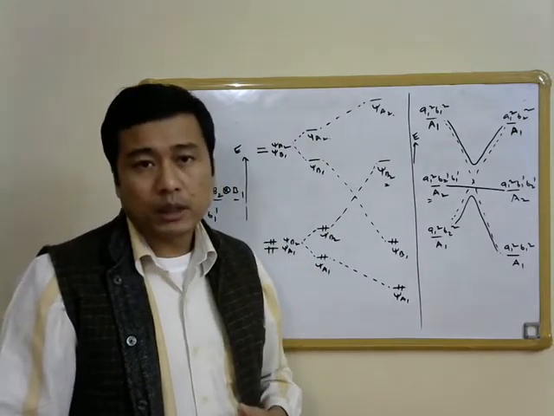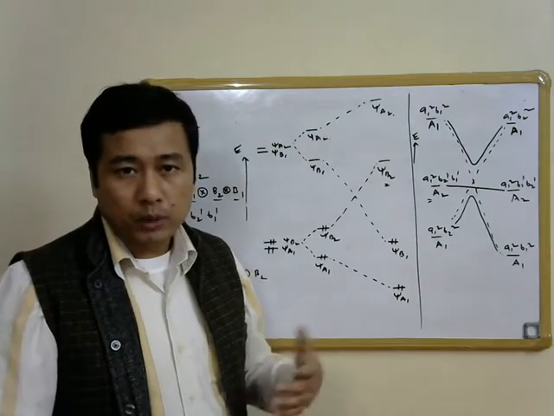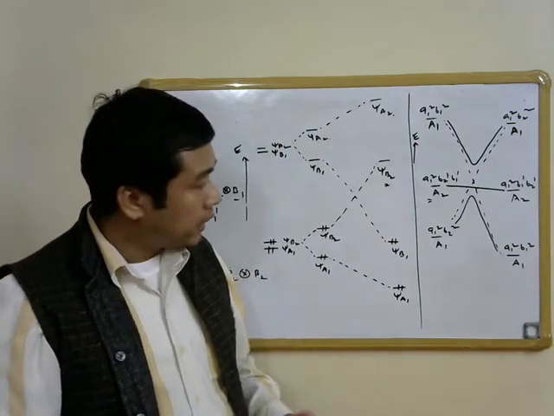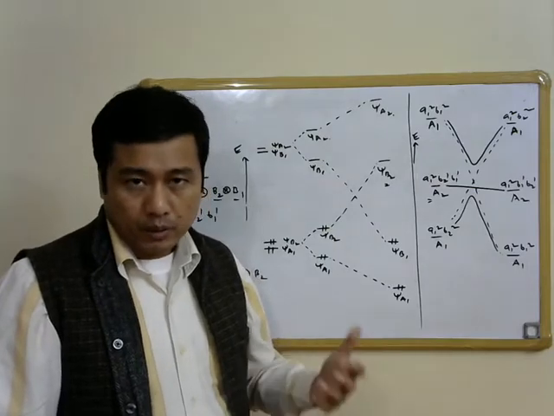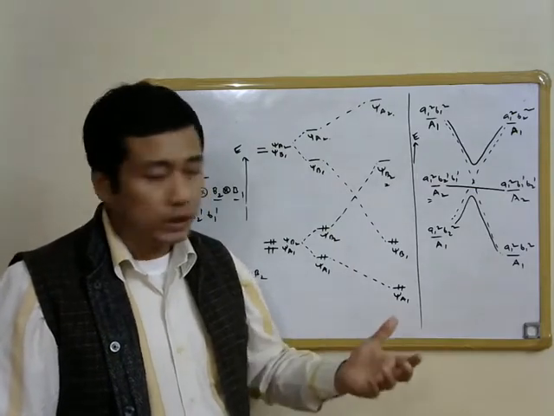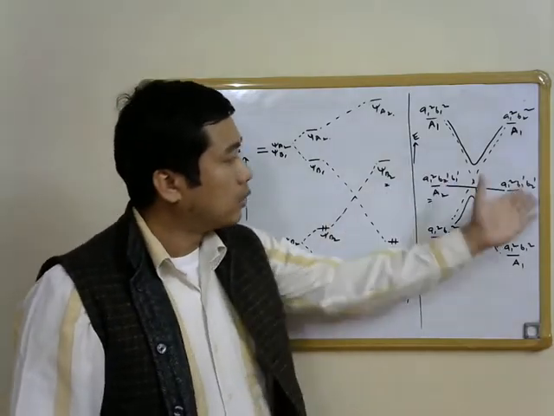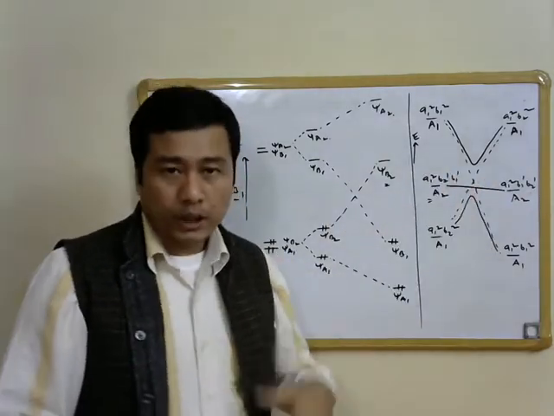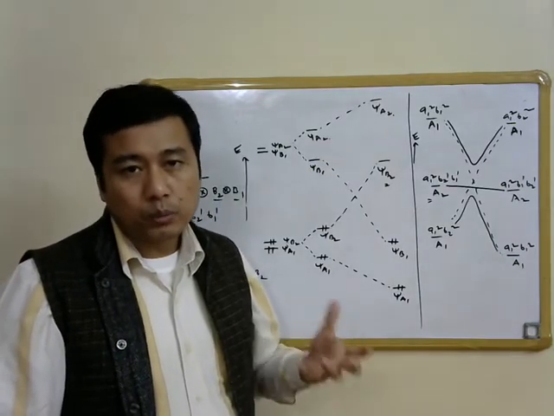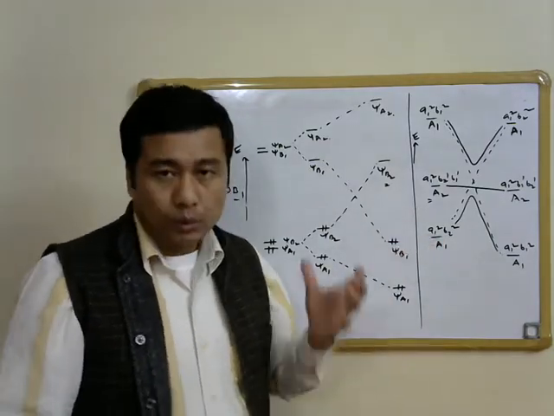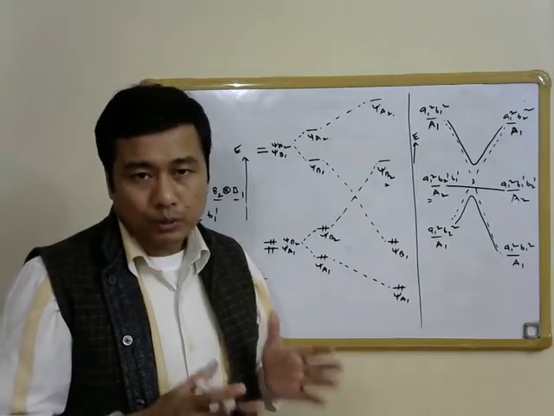That is why the reaction is feasible when we perform it photochemically, because with photochemical irradiation you excite the molecule to the first excited state, and then it can go to the first excited state of the product, and that is how the cyclobutane molecule can form from these two ethylene molecules photochemically.